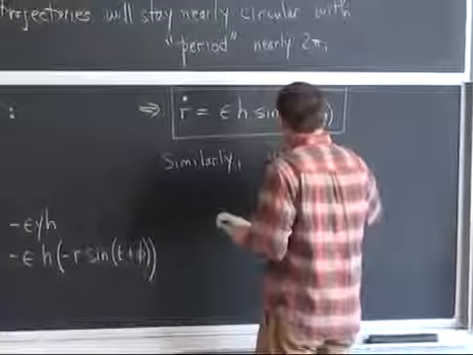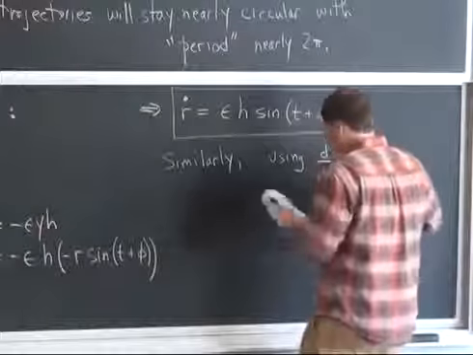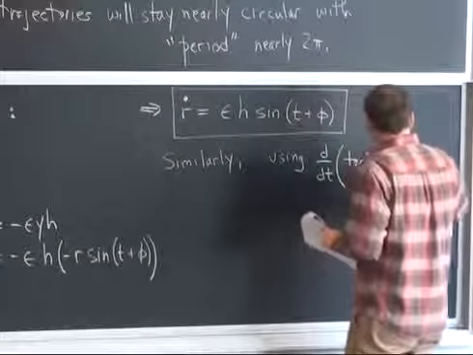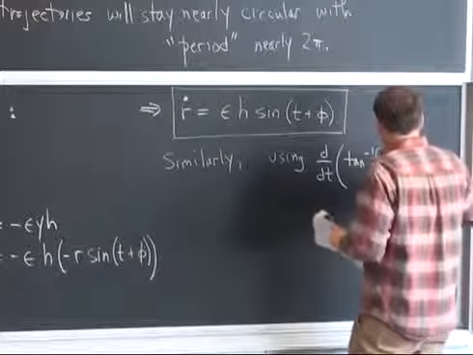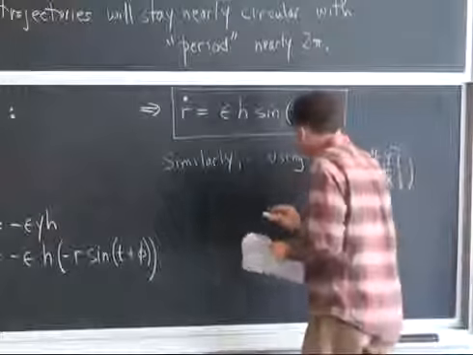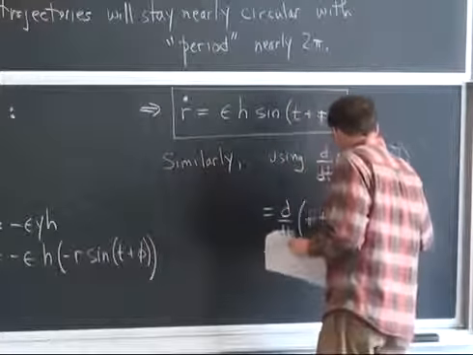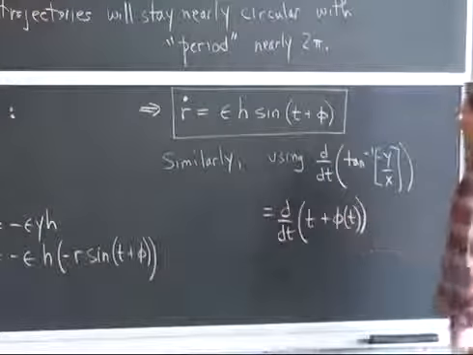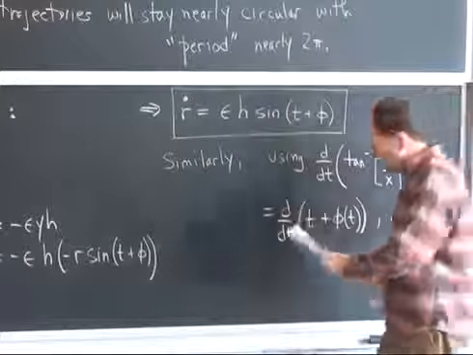You'll end up getting this. Maybe I'll just write that down. Similarly, using d dt of tangent inverse of negative y over x equals d dt of t plus phi of t, you get this equation for phi dot.